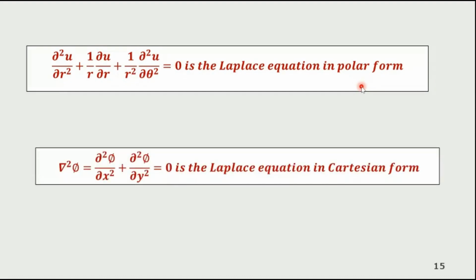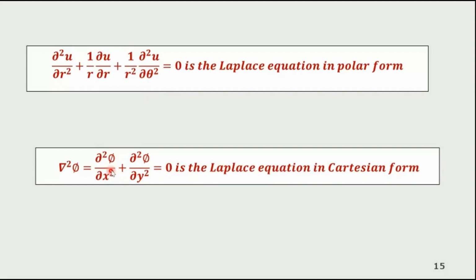So यहाँ पे जो हमने use किया था, this is called the Laplace equation in Cartesian form. तो हमने इसको harmonic prove करने के लिए solved that, any function satisfying the Laplace equation is called a harmonic function. तो यहाँ पे भी अगर u is given in terms of r and theta और हमें प्रूव करना है कि u हार्मोनिक है, तो हमें ये वाला लैप्लेस इक्वेशन प्रूव करना होगा.